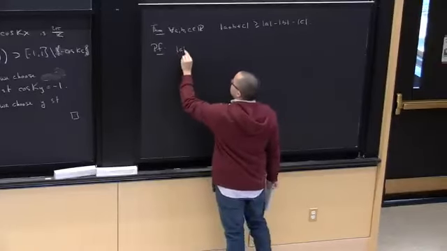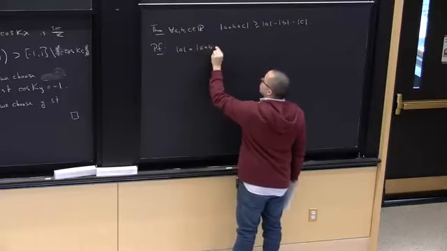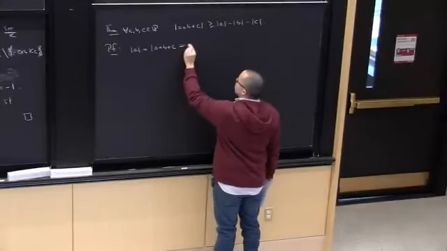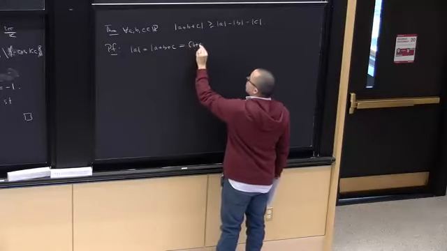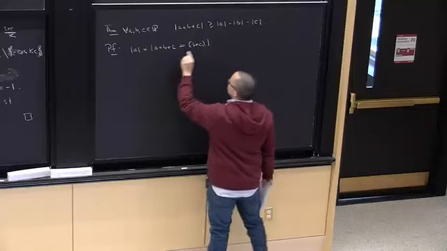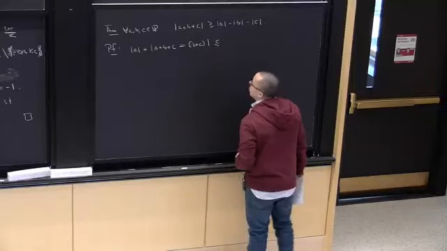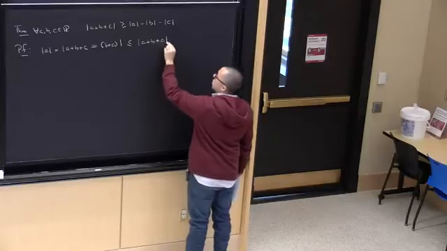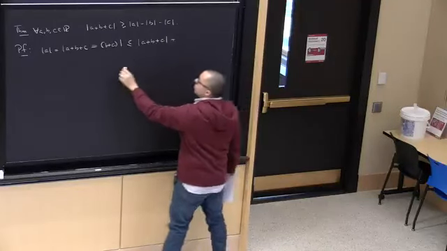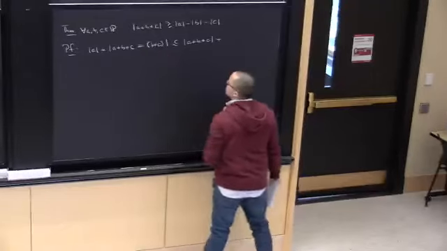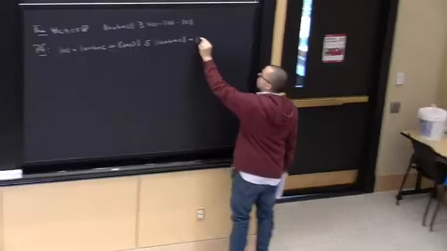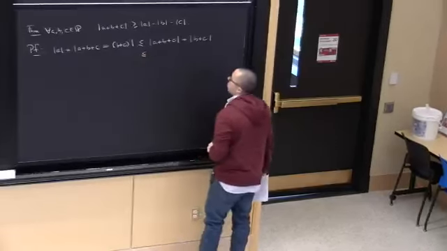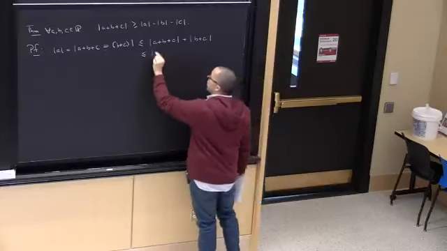We have the absolute value of a. This is equal to a plus b plus c minus b plus c. And this is less than or equal to, by the triangle inequality, the absolute value of a plus b plus c plus the absolute value of minus times b plus c, but that minus goes away with the absolute value. And then I use the triangle inequality one more time here.